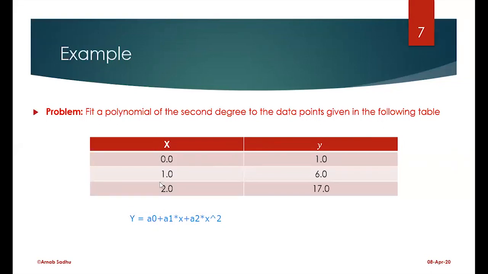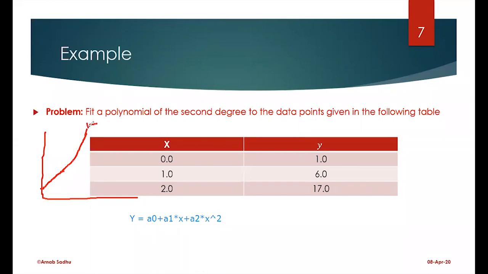So how many points are there? 3 points are there. So if you just plot these 3 points, see, this is 0, at 0 it is 1, at 1 it is 6.0, somewhere down there, and at 2 it is 17. So if you just want to join this, it will look like this.